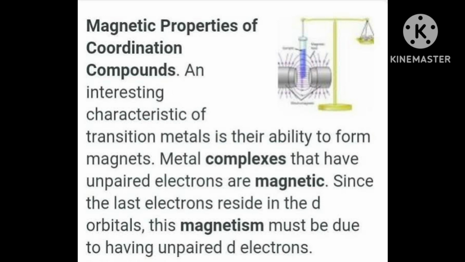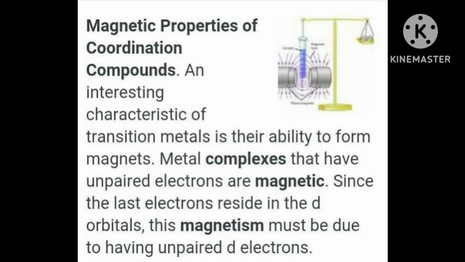The hybridization will be dsp2, but it will be called inner. If the outside d is there but is not taking part, and the inner d is taking part, that is called inner. It will form inner complexes involving inner d orbitals.